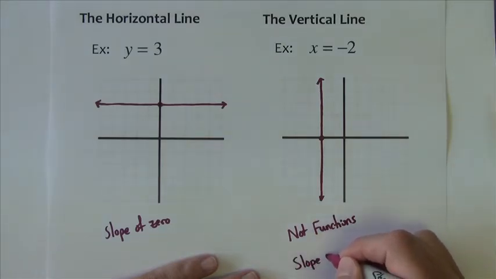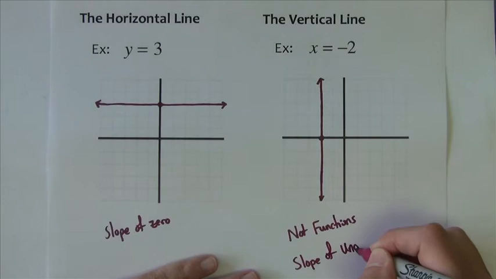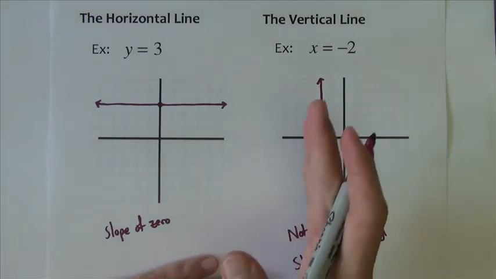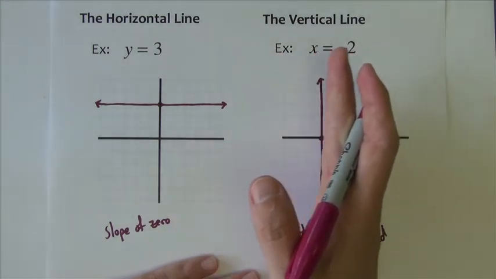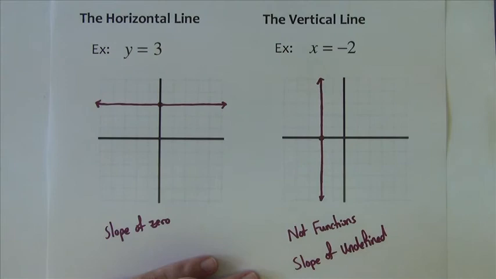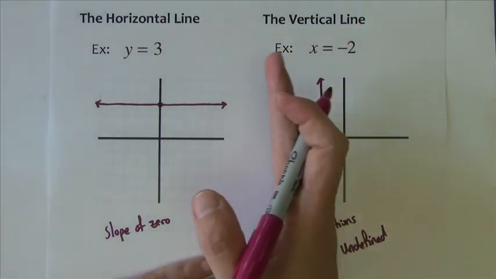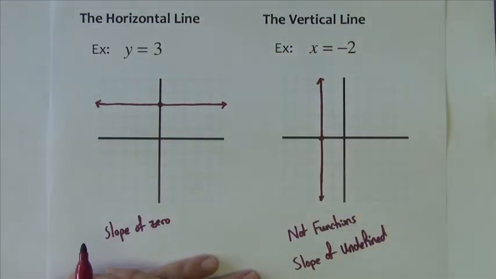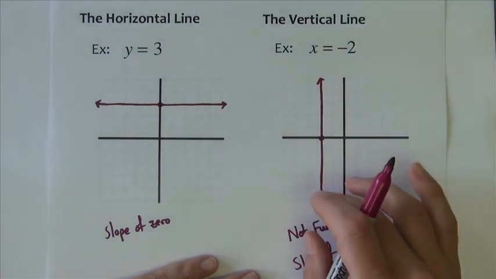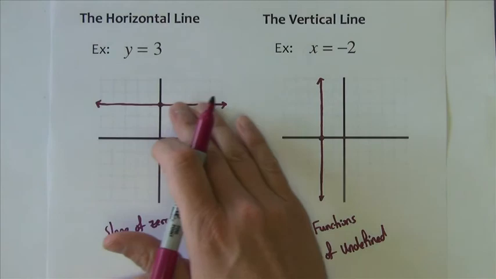It has a slope of undefined because its horizontal change is 0. And the horizontal change is represented in the denominator of the fraction, and we can't have the denominator of the fraction be 0. So anytime you see slope of undefined, that's talking about a vertical line. Slope of 0 is talking about horizontal line.